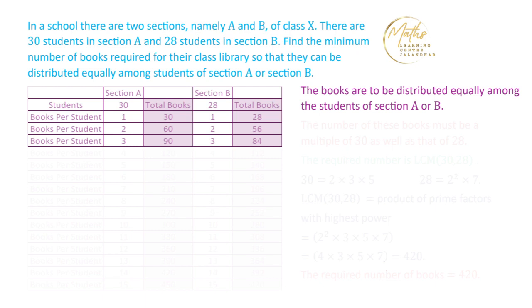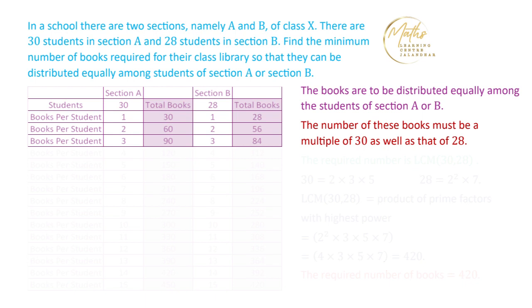So the number of books must be a multiple of 30 as well as of 28. We are interested in calculating a number that is a multiple of both 30 and 28.